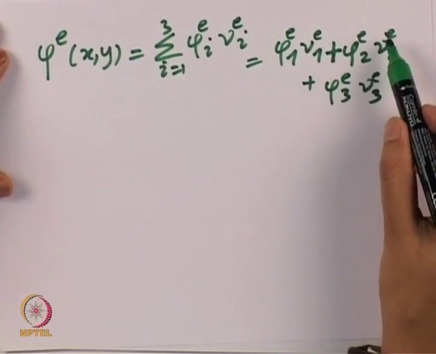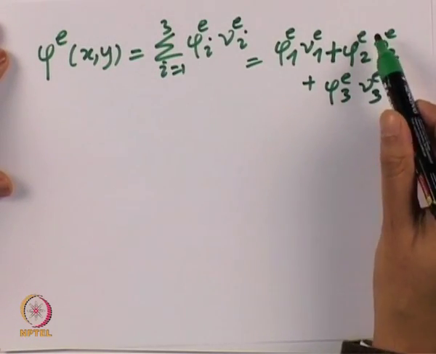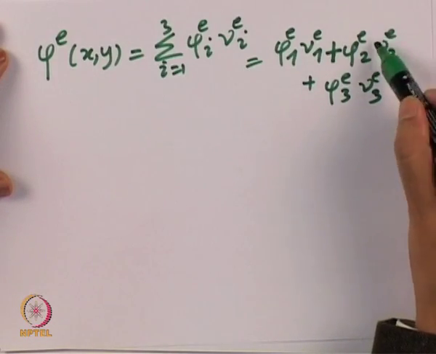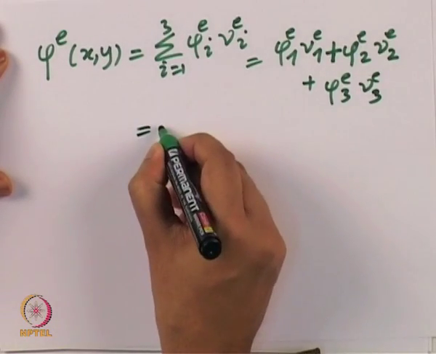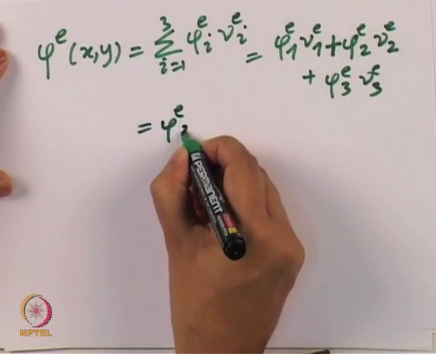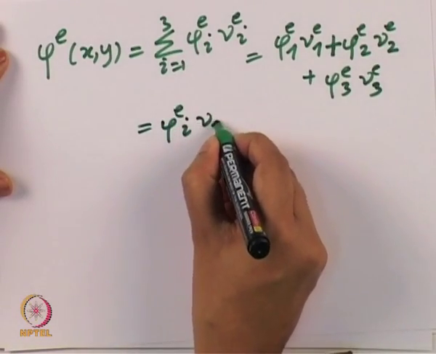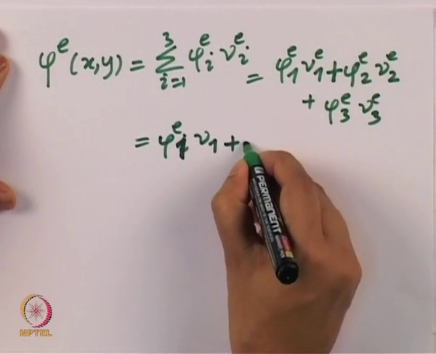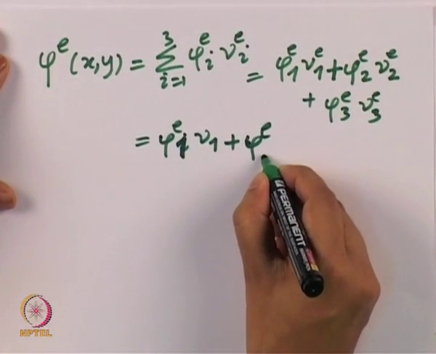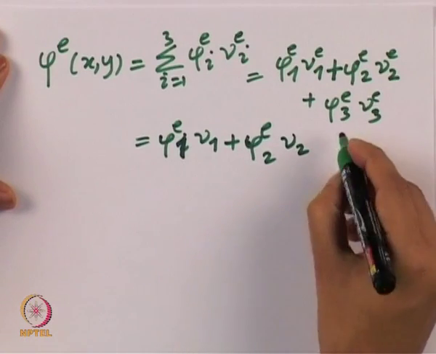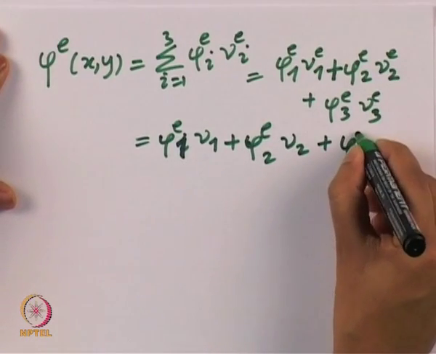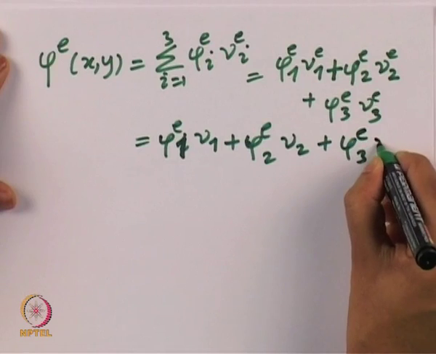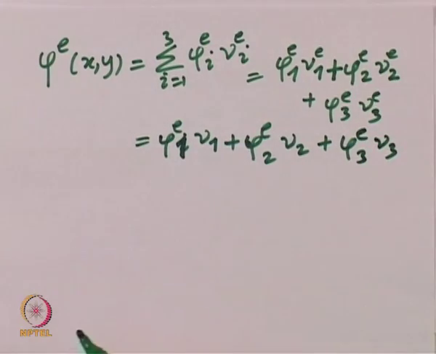Since the basis function is going to be the same for all the elements, I can probably write it simply as phi of E of 1 v of 1 plus phi of E of 2 v of 2 plus phi of E of 3 v of 3. I have removed the superscript on the basis functions because it is going to make things easier.